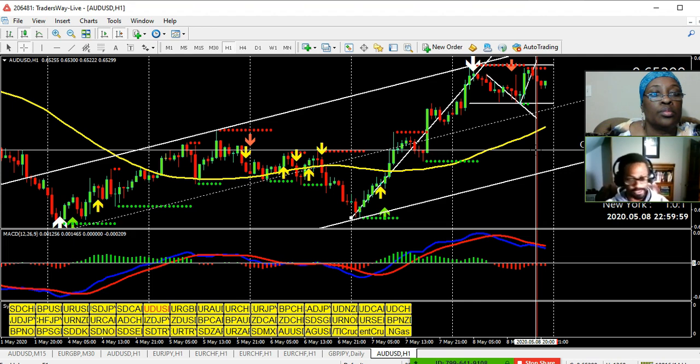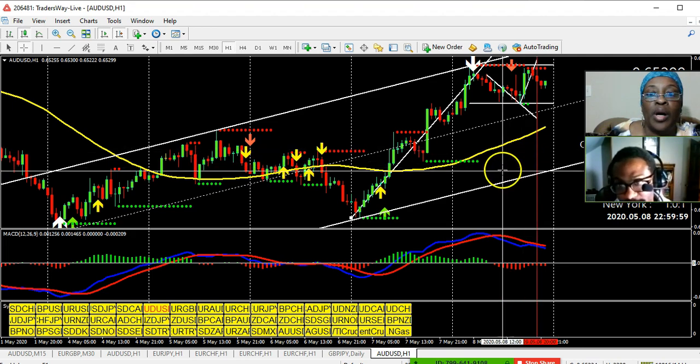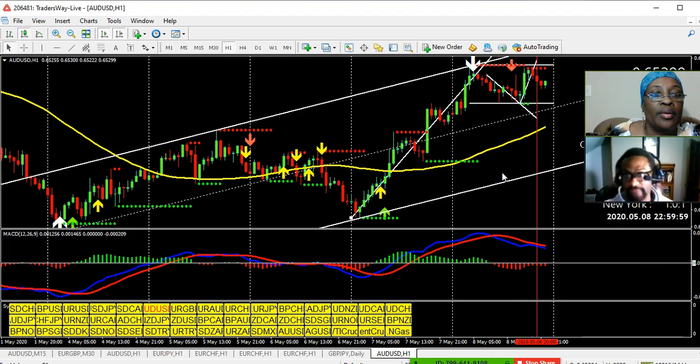Alright, so I'm going to have to get that on there. I've got the Hull moving average 40 because I like how it turns colors, but I need this 50 here.